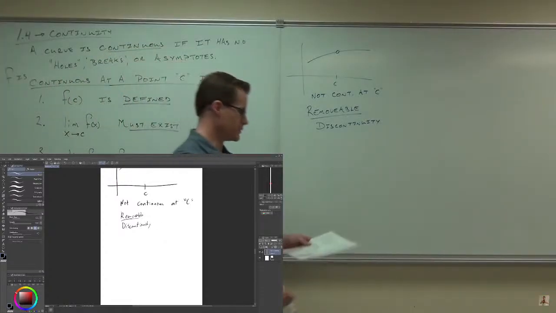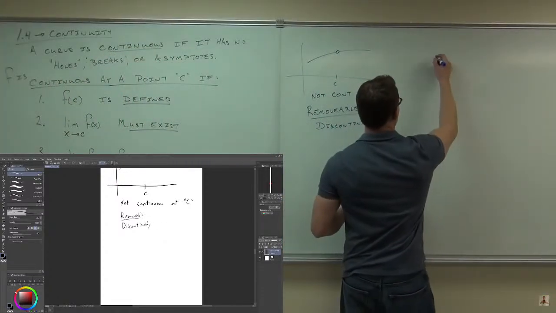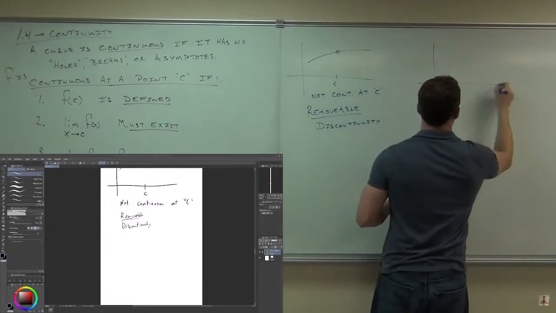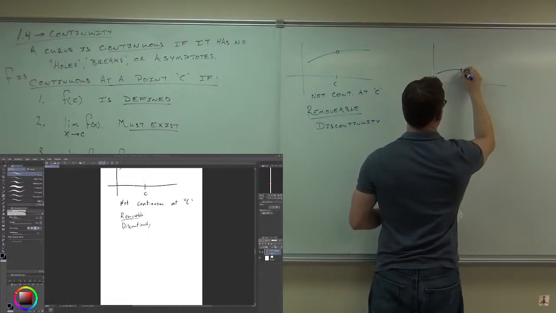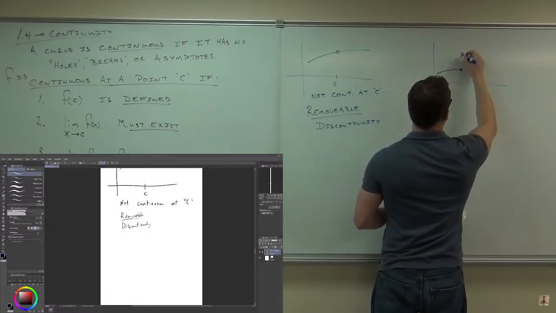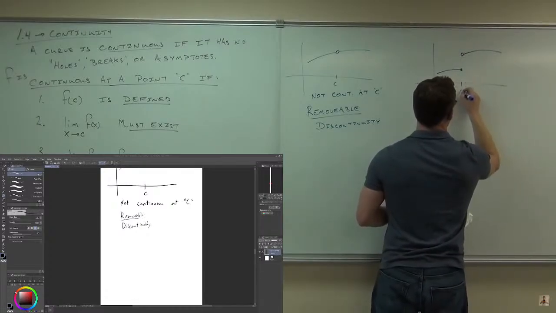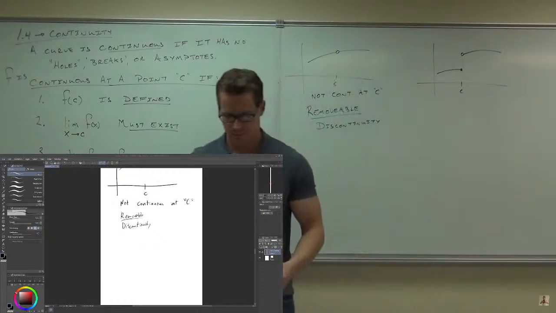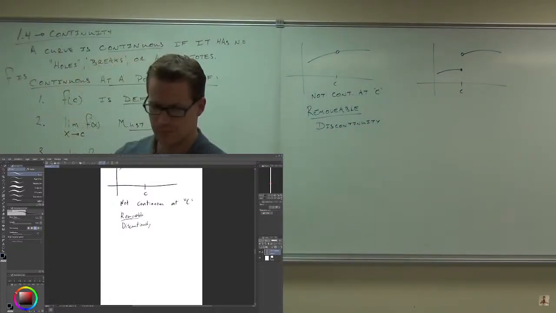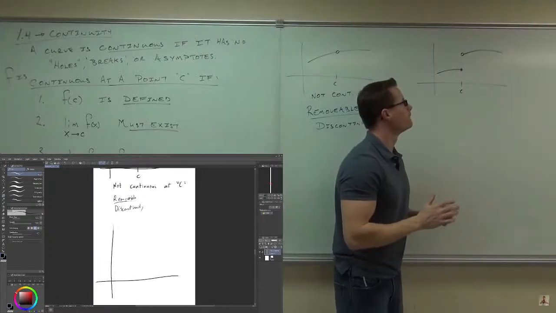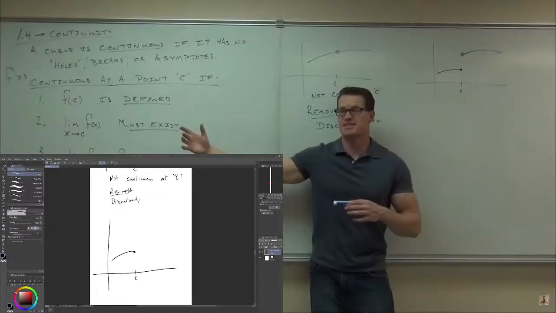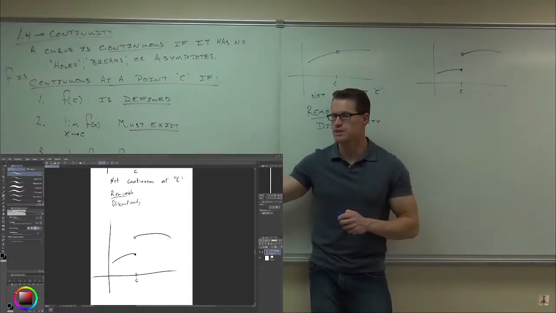Let's try another one. Let's check our three necessities for our function to be continuous at a point c.